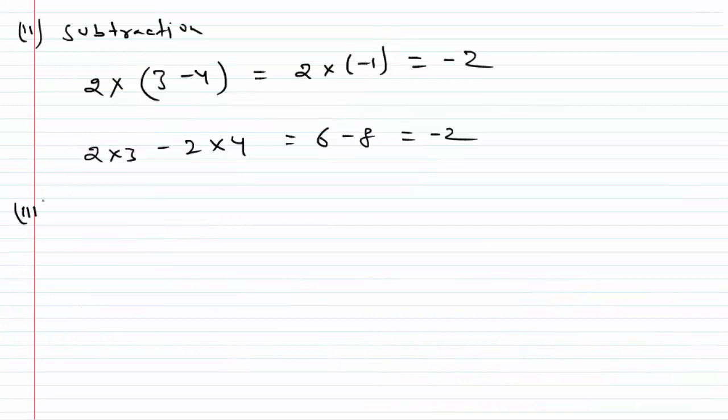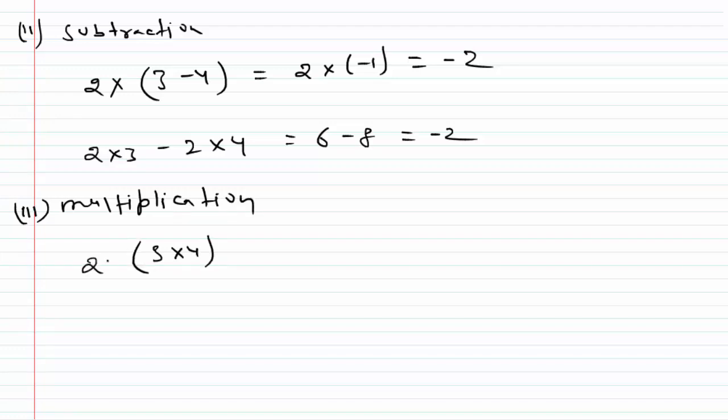Let's see the next operation, that is multiplication. Here again you need to multiply 3 into 4, but also you need to distribute 2 to them. So you will get the result as 2 into 12, that will be equal to 24.